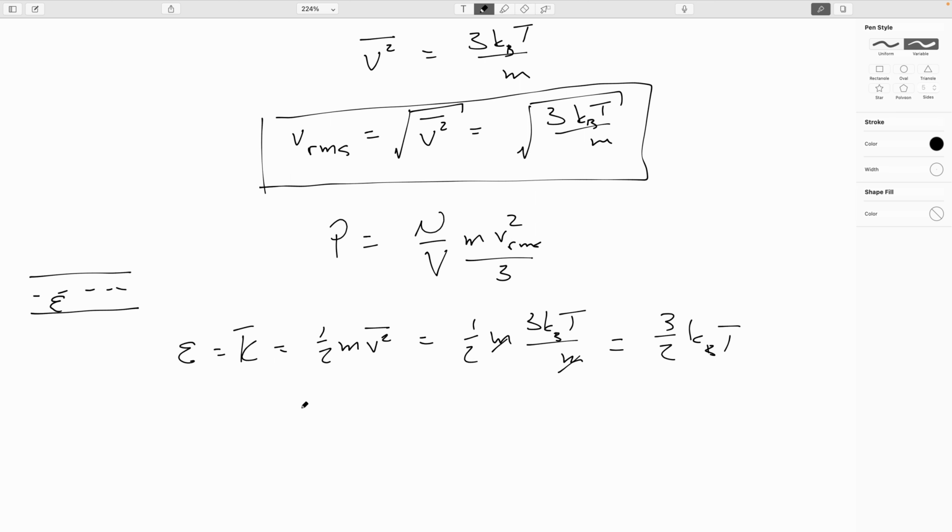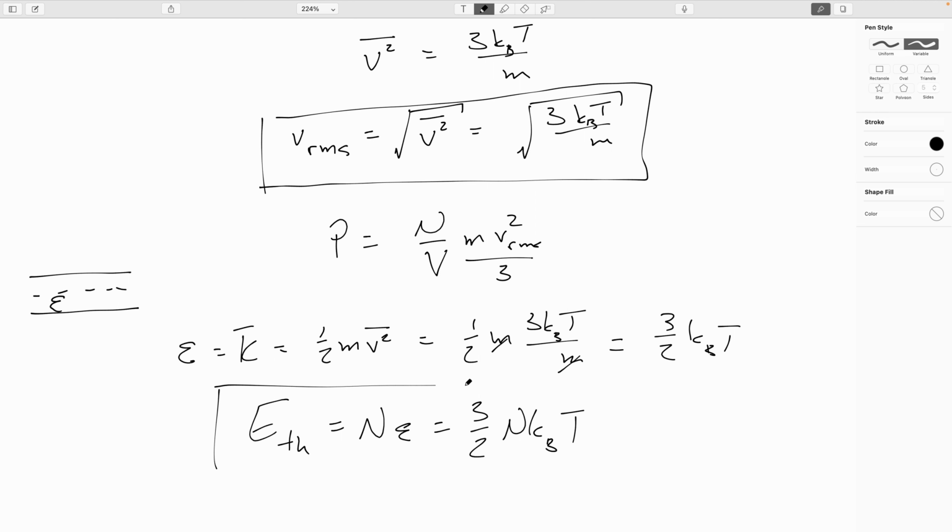So the thermal energy of the entire gas will be N molecules times the average thermal energy of a molecule. So this will be 3/2 NkT.